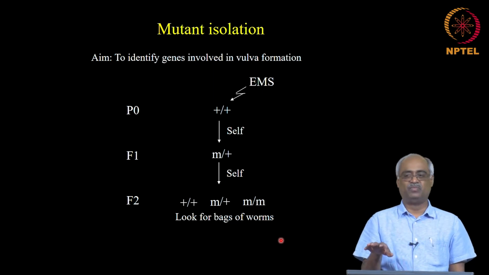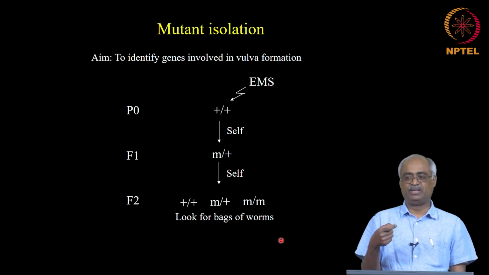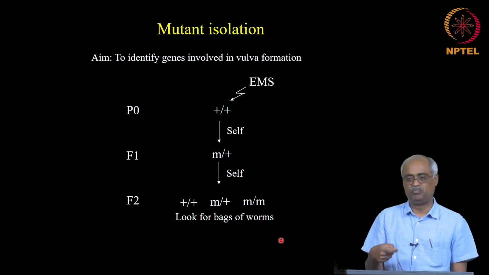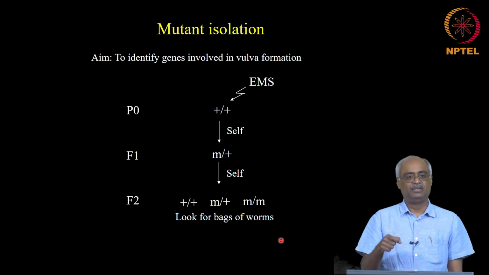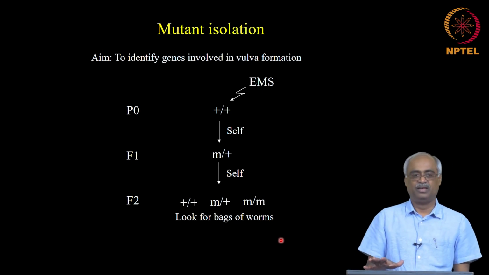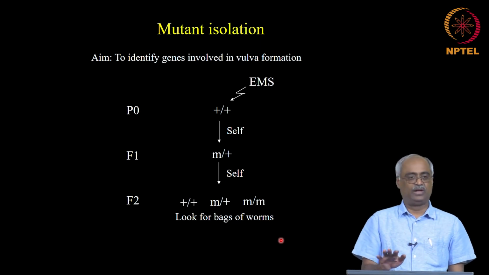Then it is very easy to score, very easy to identify even a very rare mutagenic event, if the readout you plan is such that you can readily observe it even in the midst of thousands of wild type progeny. That is an important thing in a genetic screen.